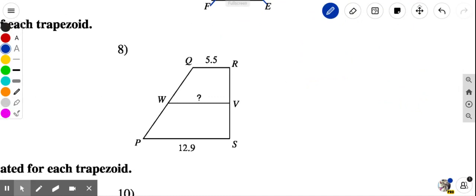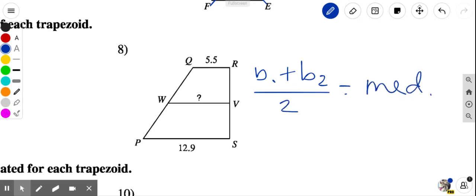Okay, so number 8 has to do with the median formula. That was the very last thing that we did in that second video. So remember that base 1 plus base 2 over 2 equals the measure of the median. So what you're going to do, this is base 1, this is base 2, this is the median.